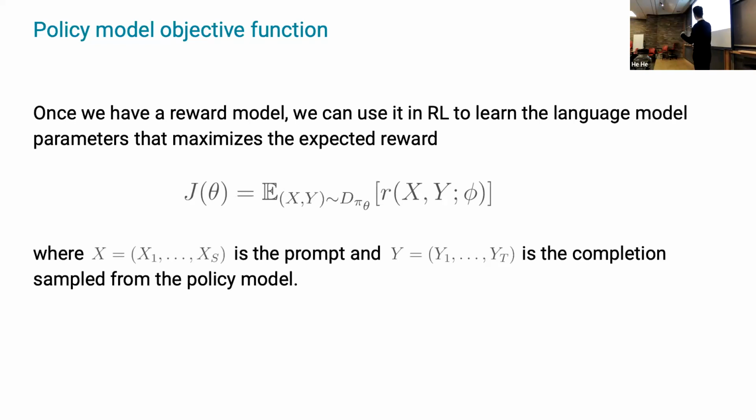So we create the trajectory, and then that becomes the y. That's kind of how it's done. I'll explain this process one more time later on, but that's the general objective: expected reward of completion and prompt.